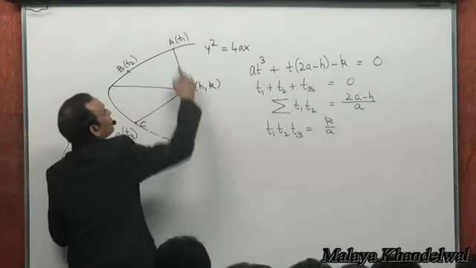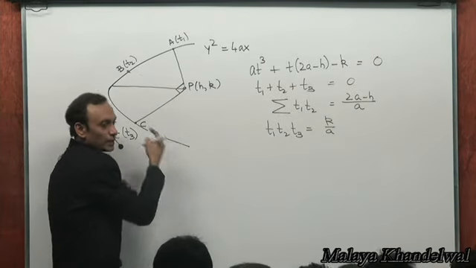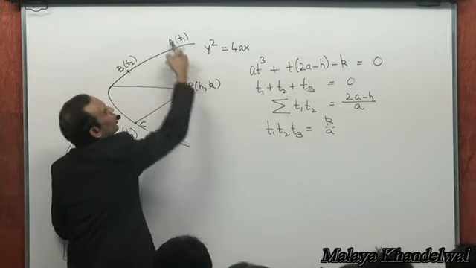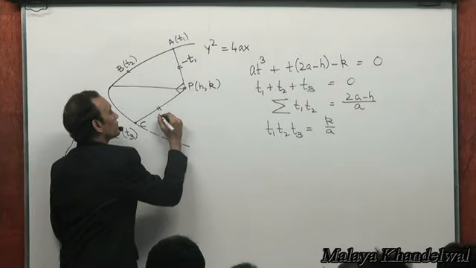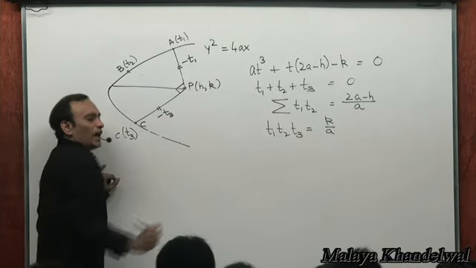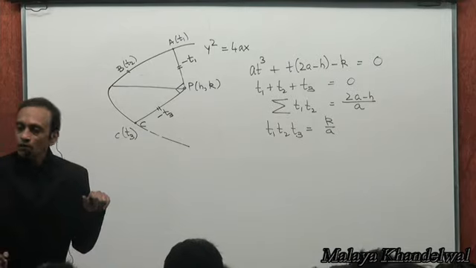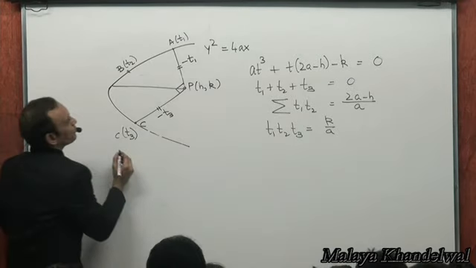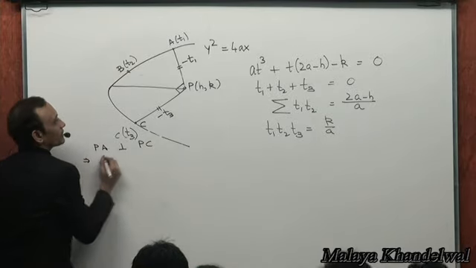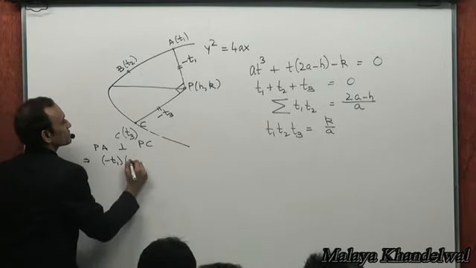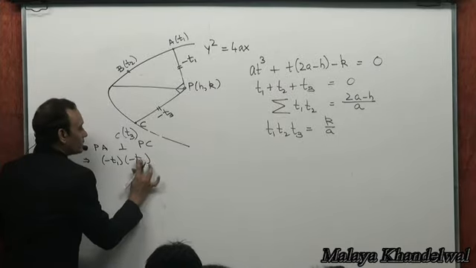Now, if the normal at A and the normal at C are perpendicular, what's the slope of the normal at A? Minus T1. What's the slope of the normal at C? Minus T3. And if they are perpendicular, then? If PA is perpendicular to PC, the product of their slopes must be minus 1.